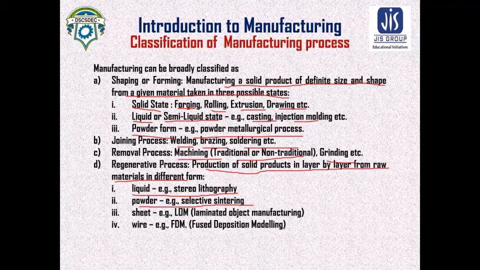If the raw materials are in sheet form, the process is known as laminated object manufacturing or LOM. And if the raw materials are in wire form, the process is known as fused deposition modeling or FDM. So these are the classifications of the manufacturing process.